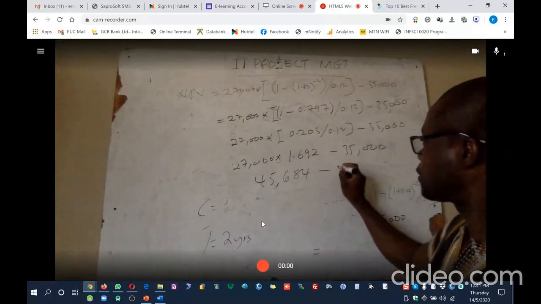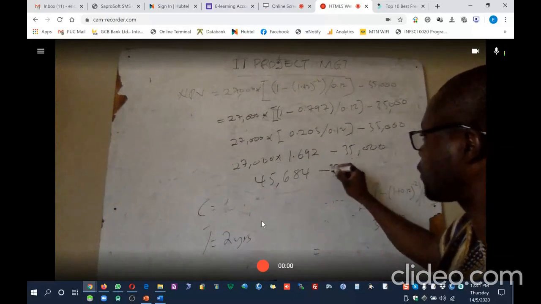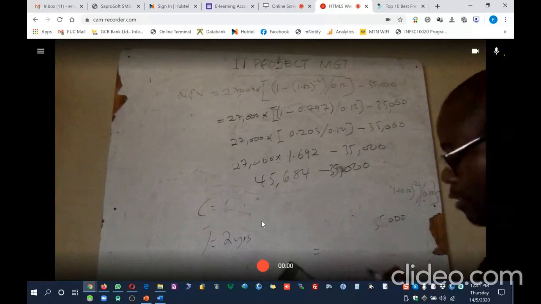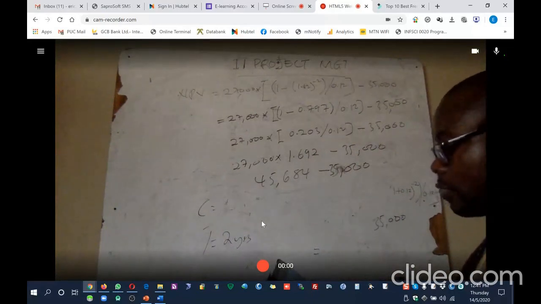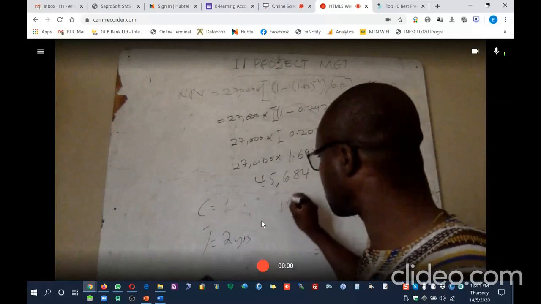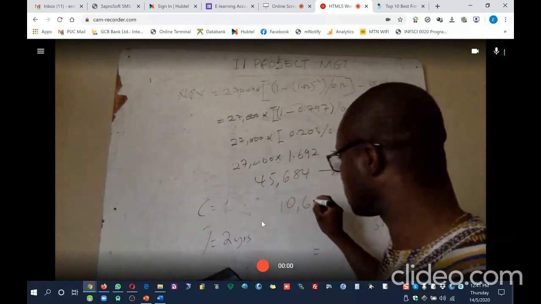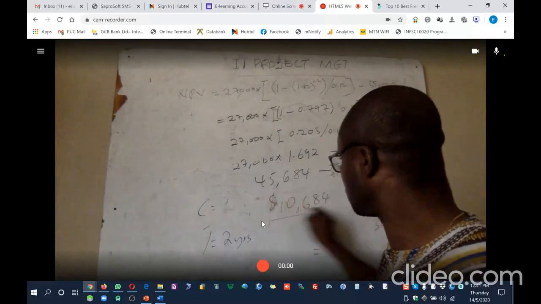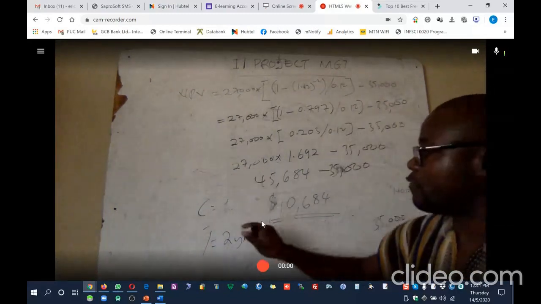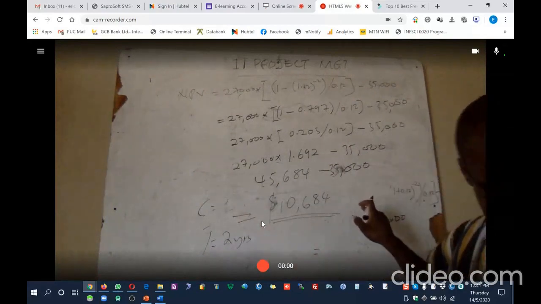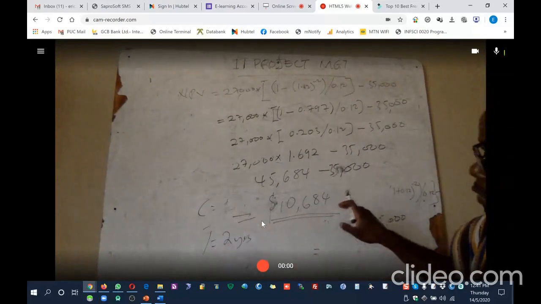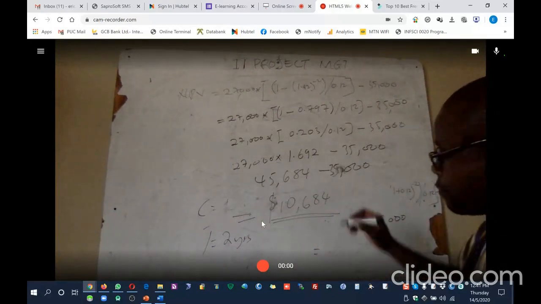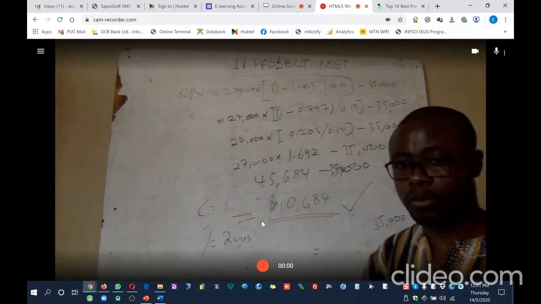Then I now subtract my initial investment, which is $35,000 from it. So then this minus $35,000, and that gives me $10,684. So this is the NPV. So my NPV is equal to this figure. And per what we have done, my NPV is positive. So therefore, this project is supposed to be accepted.